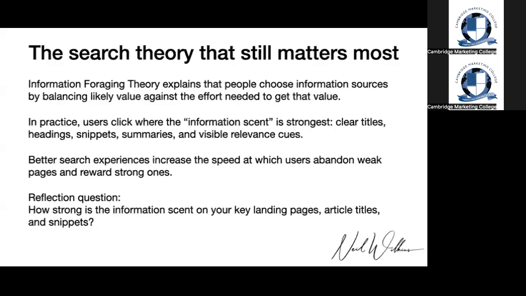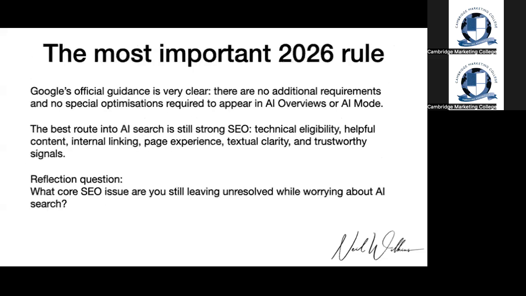So if you're only paying lip service to the quality of the content you're writing and publishing, this is the time to step up. We're going to talk about some examples in a short while, but the really important rule here is that it's about quality. It's about textual clarity. It's about, in lots of ways, trustworthy signals.